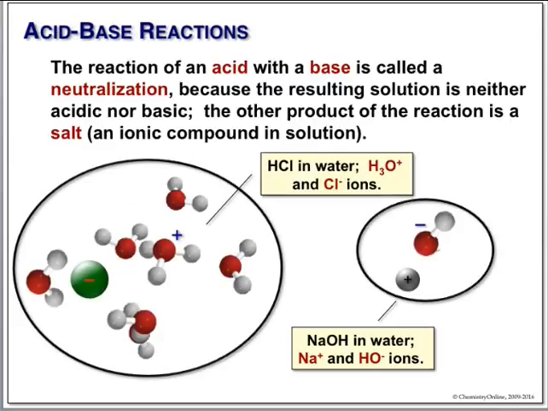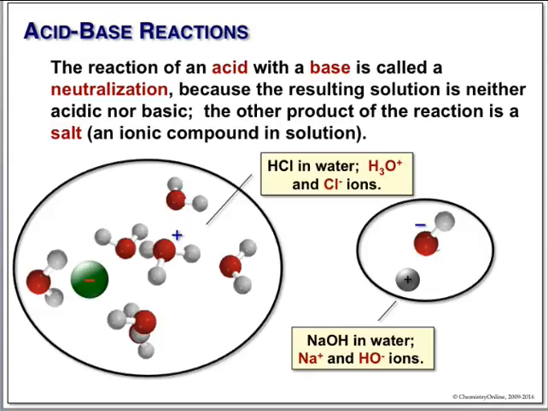Now, this is my version of how to show this on a slide. This is supposed to represent HCl and water, okay? So we put HCl. It ionizes and forms hydronium and chloride in water, strong acid.